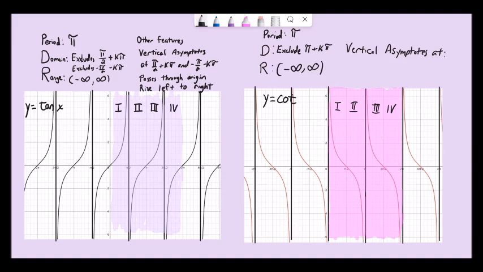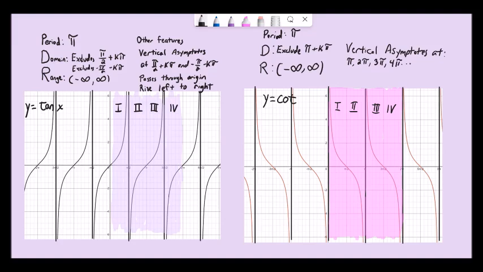The other features: vertical asymptotes are at pi, 2 pi, 4 pi... Actually, they're at pi, 2 pi, 3 pi. Why did I skip 3 pi? 3 pi, 4 pi, and now I can put the little ellipses. Okay.